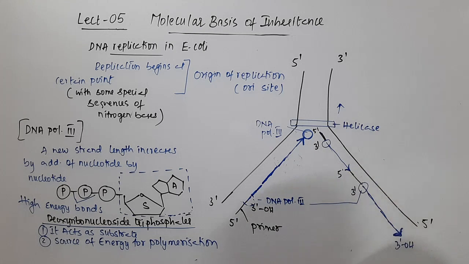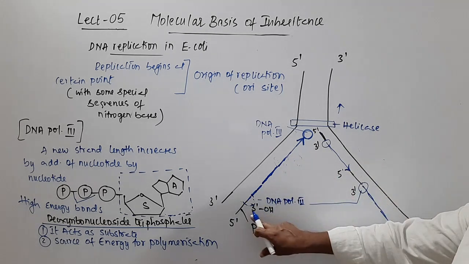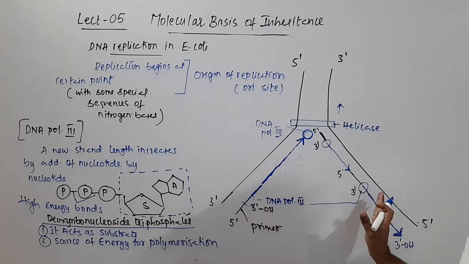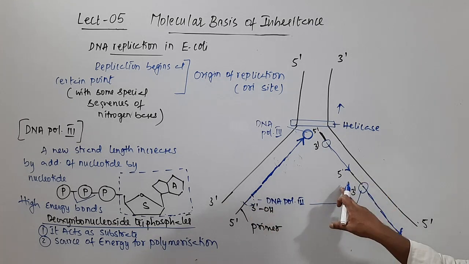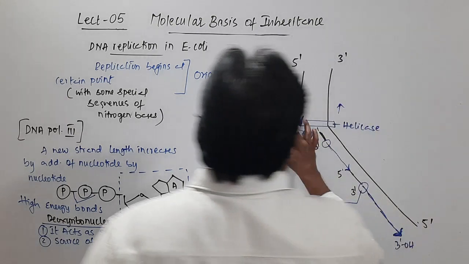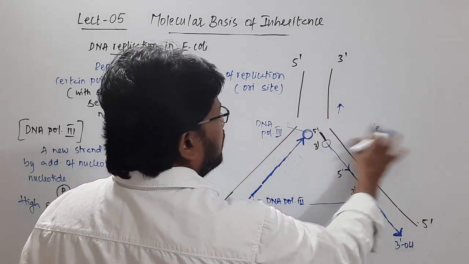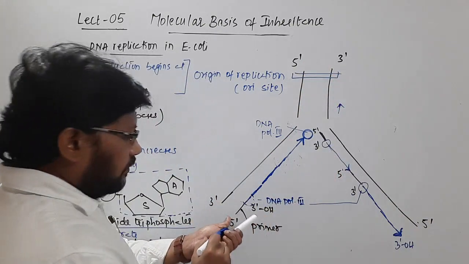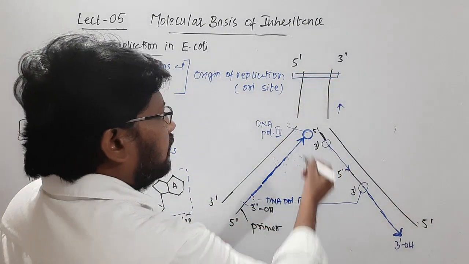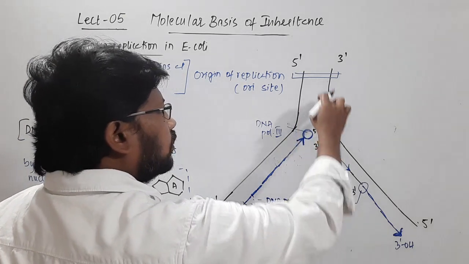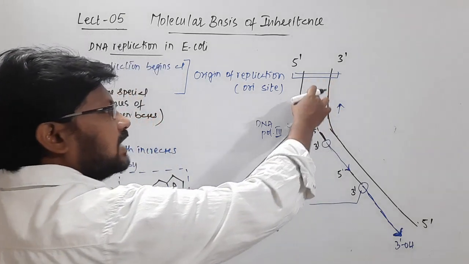So for this strand only one primer is enough, but on the opposite strand one primer is not enough. Now say this helicase has moved up to here, then it will expose some more part of the strand again.